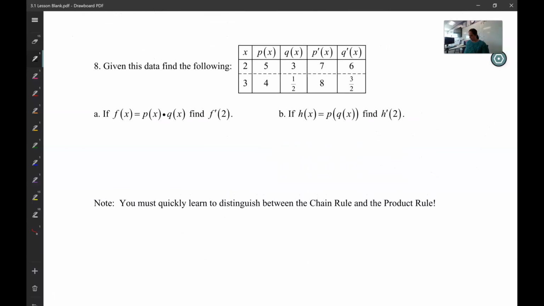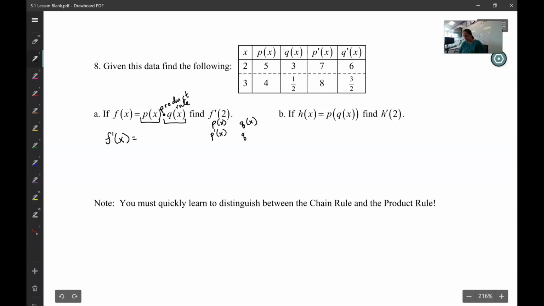Okay, last one. Given this data, find the following. So this right here, notice, this is a product rule because we are multiplying. You had a question similar to this on your test. So product rule, f prime of x, I could create my cross rectangle. So the derivative of the first is p prime of x. Derivative of the second is q prime of x.